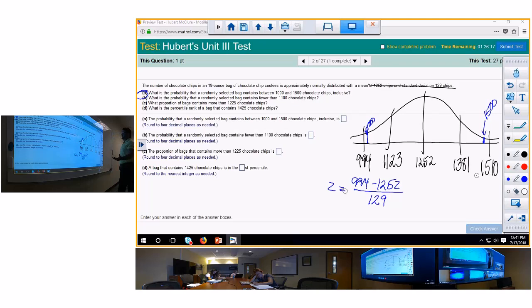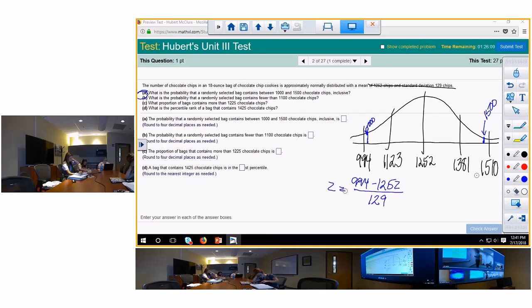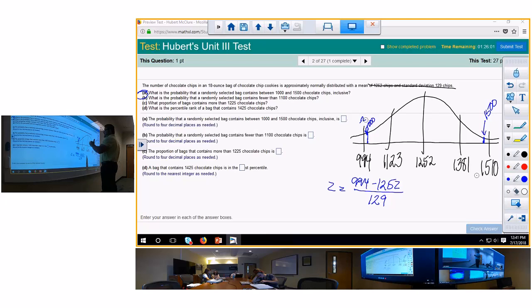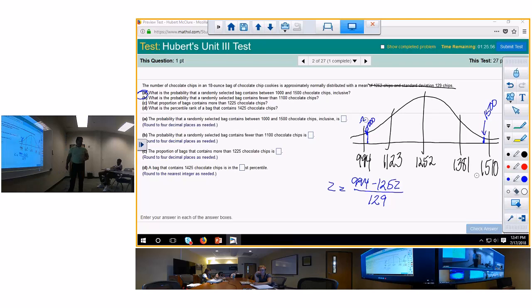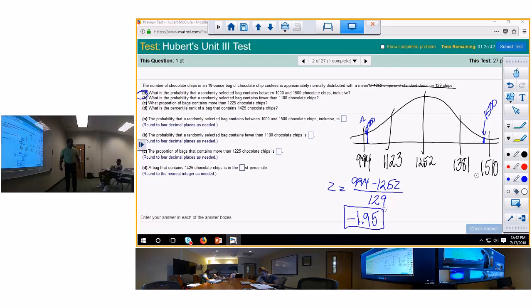Is it going to be greater than -2? It's going to be greater than -2 because -2 is right here at this black mark, and we're a little bit before it. So it should be like 1.9 something. -1.95. That's good because it's only 2 digits. So on your table, you would look up -1.95 if you were using the table.